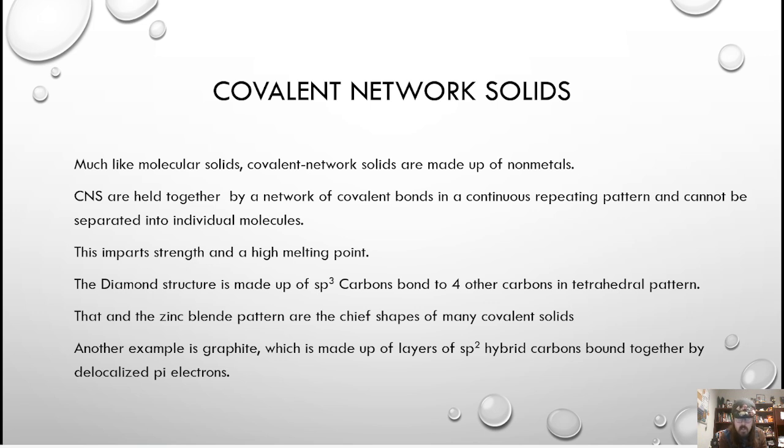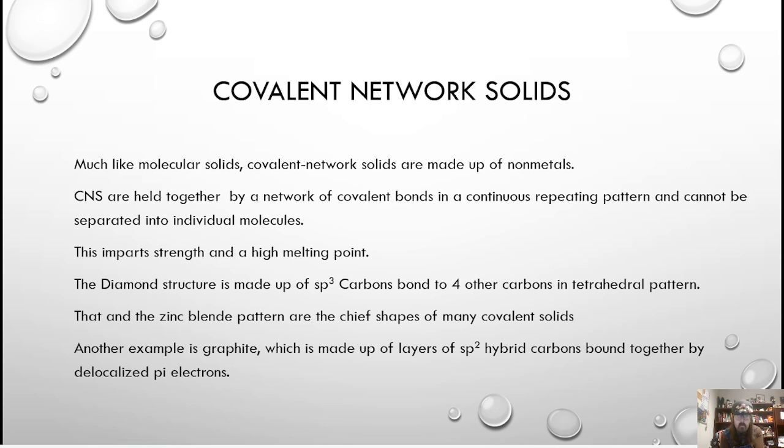When you look at the shape in a crystal structure, it forms essentially a zinc blende pattern that we saw in the ionic shape. The zinc blende shows up very often in covalent solids. However, carbon has several other allotropes, which are different versions of the elemental carbon.